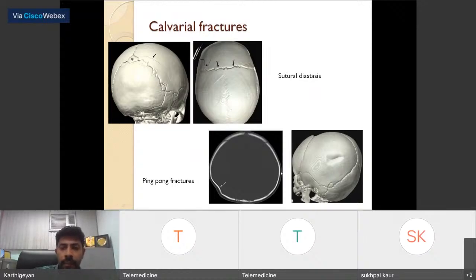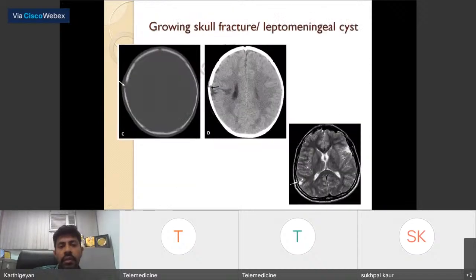This is known as ping pong fractures, one of the conditions seen in children less than 2 to 3 years. Then growing skull fractures are known by a variety of names. Most commonly, they are also referred to as leptomeningeal cyst.